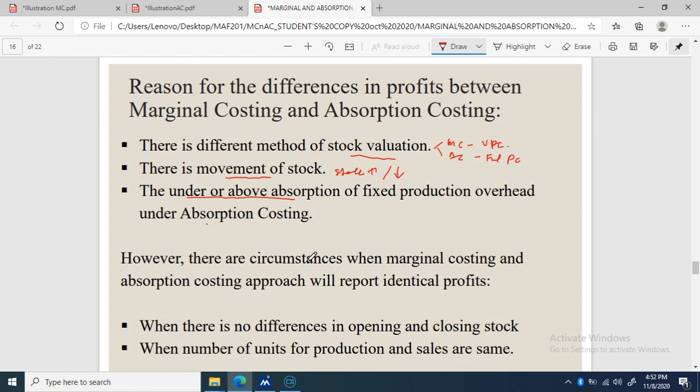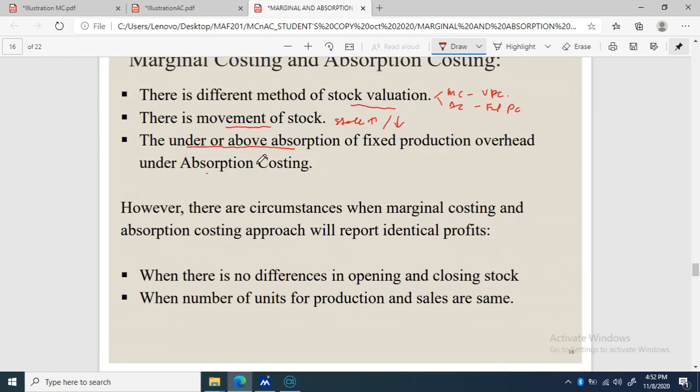Okay, however, there are circumstances when marginal costing and absorption costing approaches will report identical profit. So in this example, period 1 in the illustration, the profit in marginal costing and absorption costing are the same. Because of what? No difference in opening stock and closing stock. Opening stock and closing stock are equal.